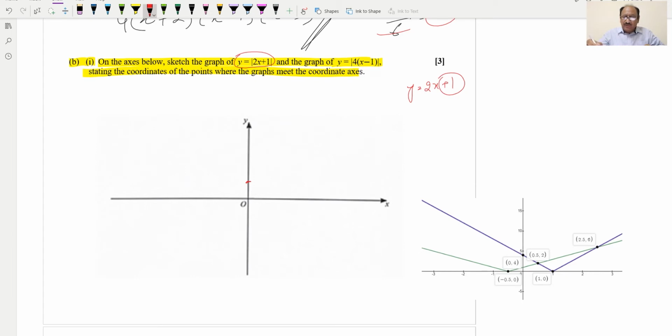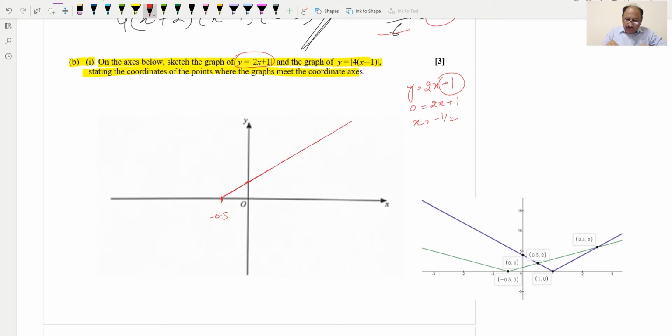When y is equal to 0 at the x-axis, we get 2x plus 1 equal to 0, so x will be equal to minus 1 by 2. So we take this point as minus 0.5, and now we can draw the line.